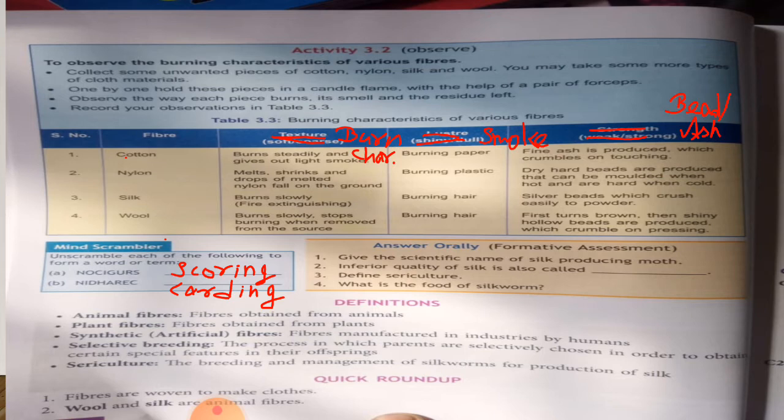Now the third, define sericulture. Breeding and management of silkworms for production of silk is called sericulture. Now the fourth, what is the food of silkworm? Mulberry leaves are the food of silkworm.